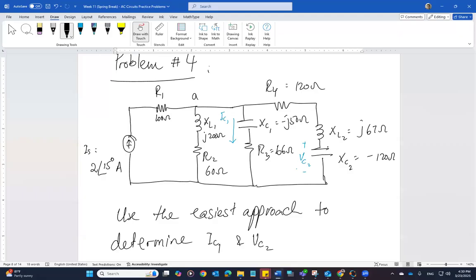Whichever way you want to do it, I think both ways are very straightforward. You want to do combination of impedance or you want to do nodal analysis. Both are straightforward, whichever way you want to apply.